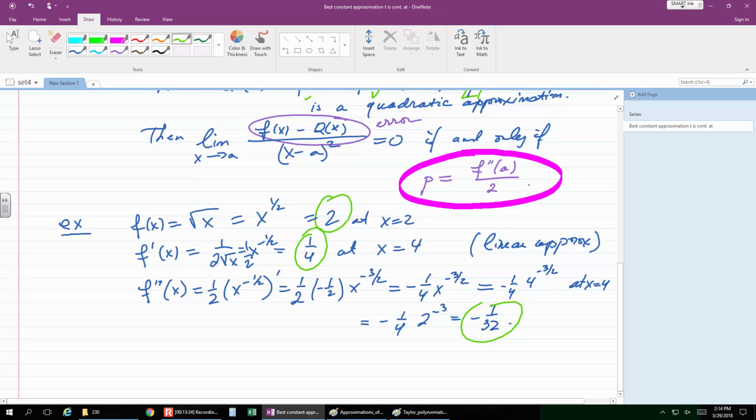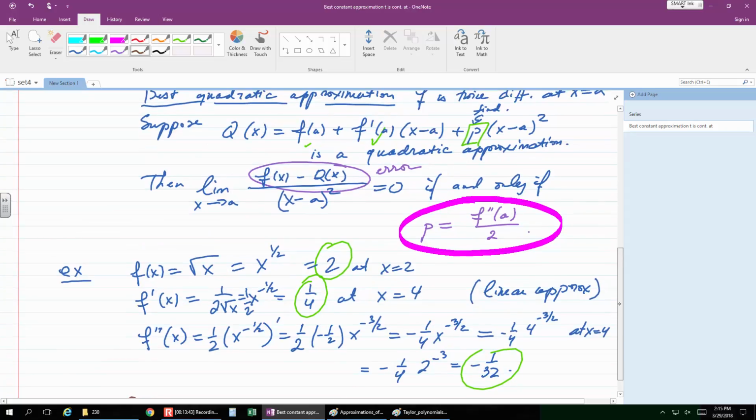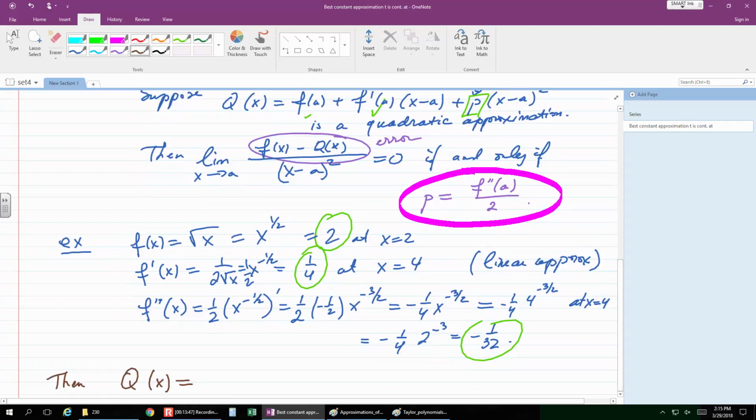Okay, so in other words, what is our formula? Then the quadratic polynomial will be, where's the formula, it is right here. A value of the function, okay, I'll try to fit it in right at the top.